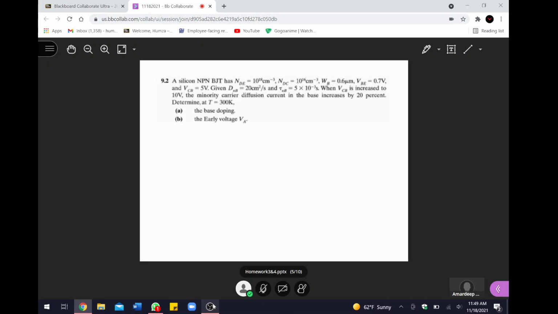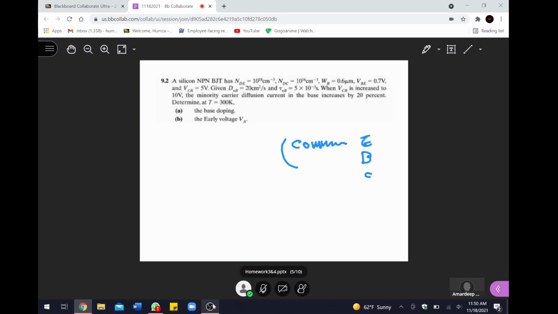For field effect transistors, the gate is usually what controls the channel, right? Yes. So for BJTs, is it the base current? It depends on which mode you are going to use, because sometimes we use common emitter, common base, or common collector.